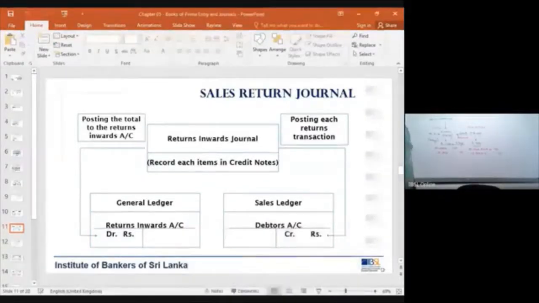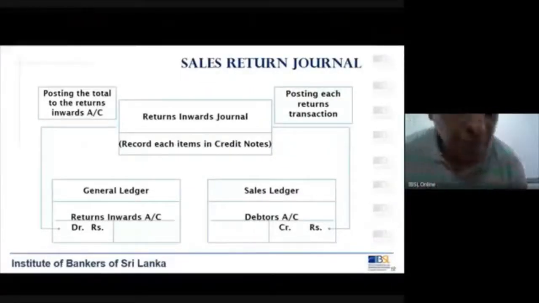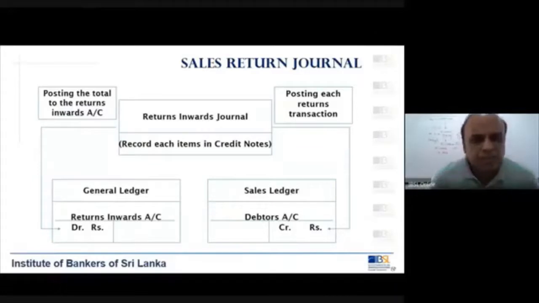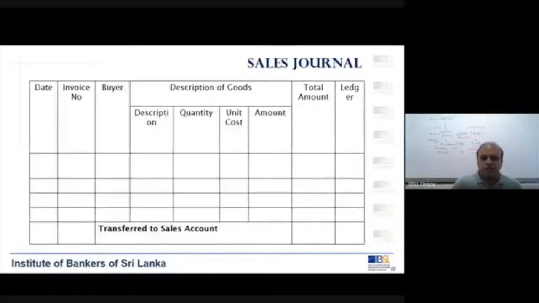So going back to the presentation, now if you really see the sales return, as I told you, in the case of sales, you record it in the sales journal or the sales day book. Similarly, you will have a book which is called the sales return day book or the sales return journal or the return invoice journal, which will have all these information.